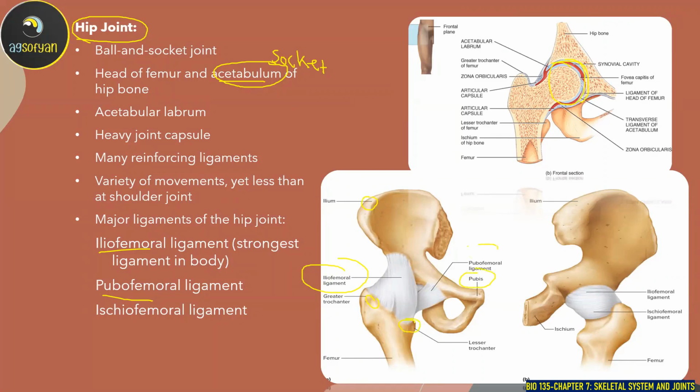So therefore it's called the pubofemoral ligament. And the last one is the ischiofemoral ligament, which is between the ischium, part of the hip, and the femur. So it's connecting these two bones. Okay, so it's called the ischiofemoral ligament.